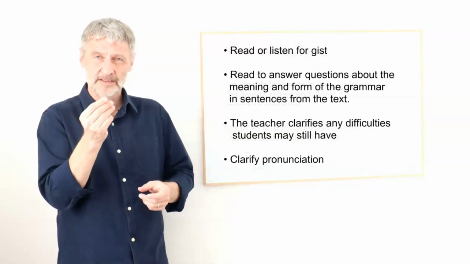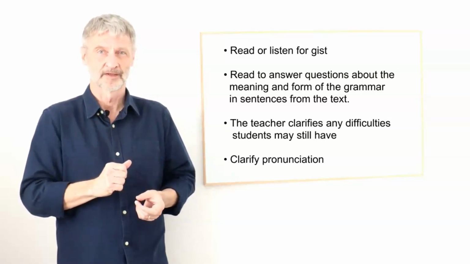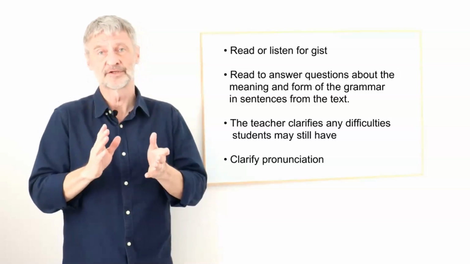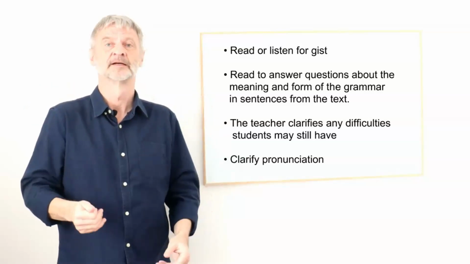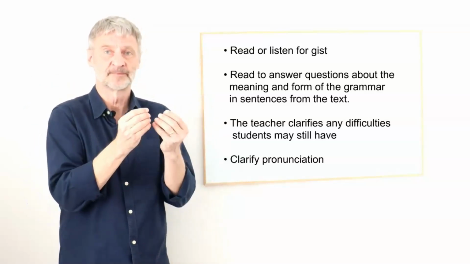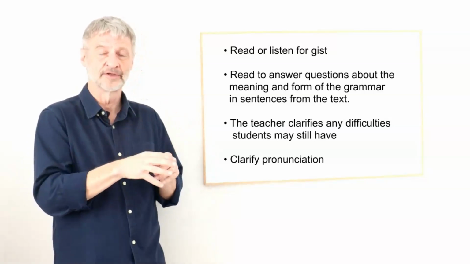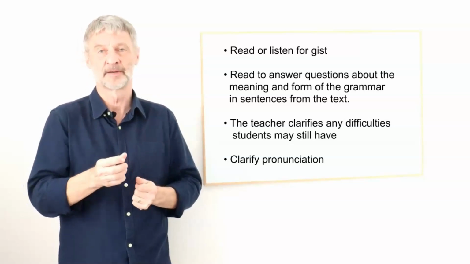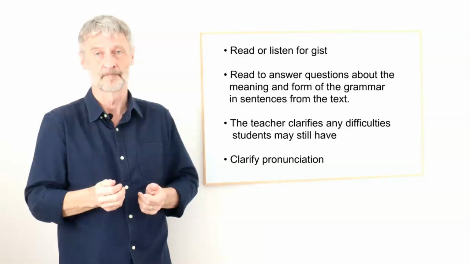Now, let's look at what the stages were that we went through here. First of all, students will listen to or read a text for the general idea. Secondly, they're given specific questions to look at language from the text and answer questions about meaning and form, reaching their own conclusions.